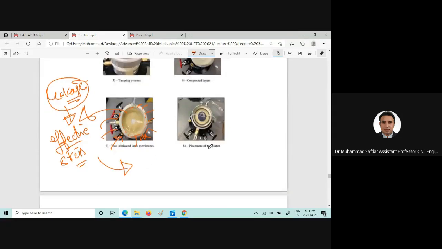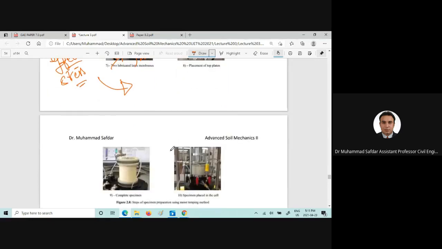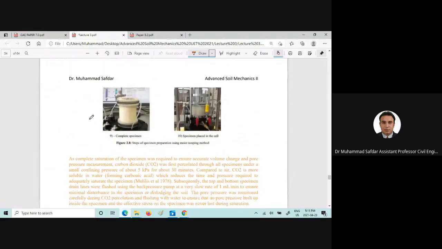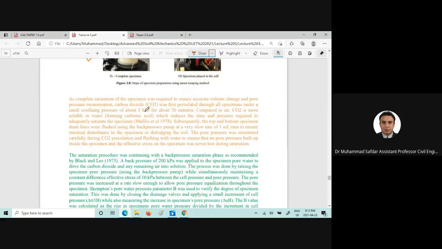Then you connect those drainage lines, and the sample is prepared, and the specimen is placed in the cell. Then why we apply CO2, the explanation is given here, just to remove the air present inside.